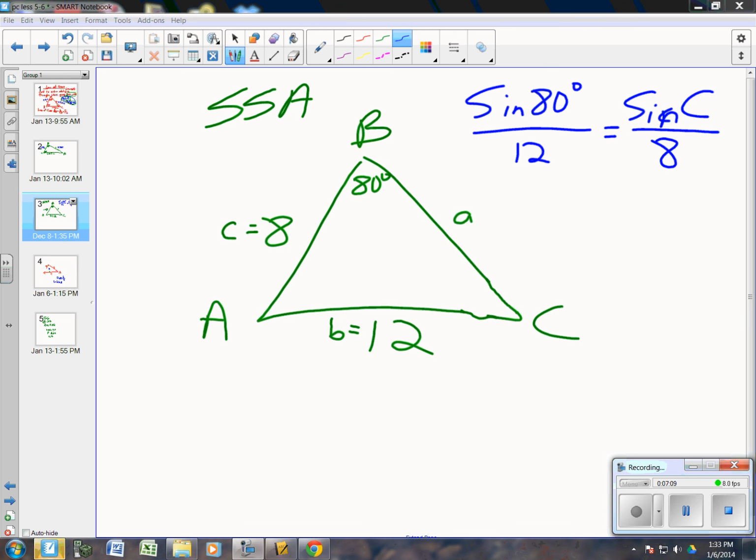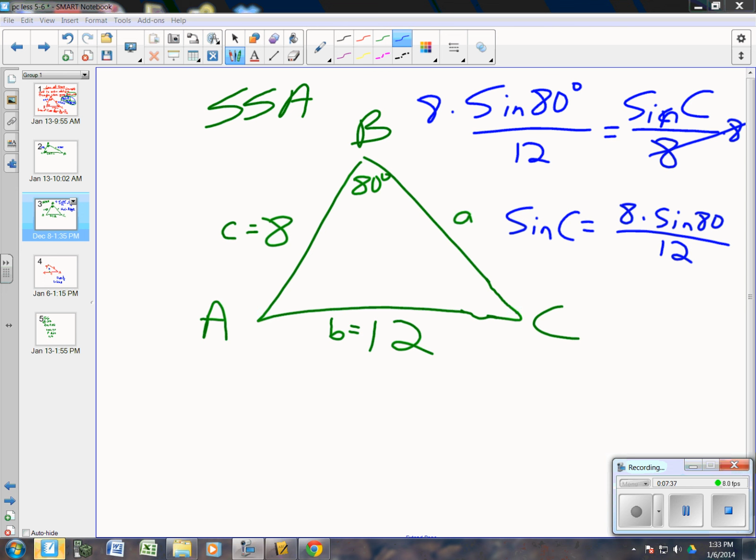Okay, how many of you guys set it up this way? And all you have to do is multiply both sides by 8. Those cancel out. And I have sine of C equals 8 times sine of 80 over 12, right? But I don't have C isolated. I have the sine of C isolated. How do I isolate the C?